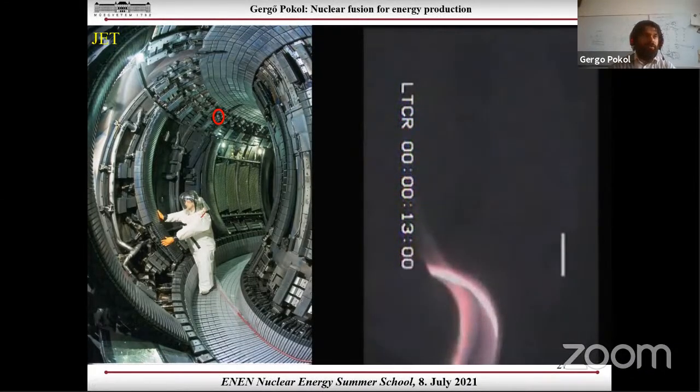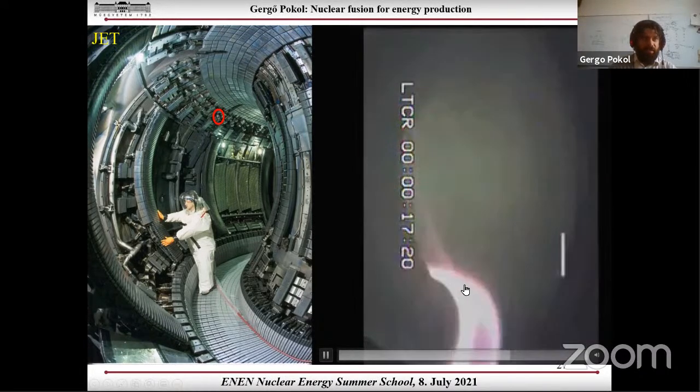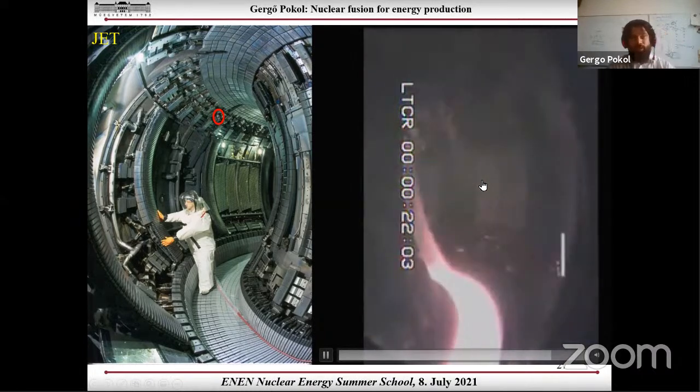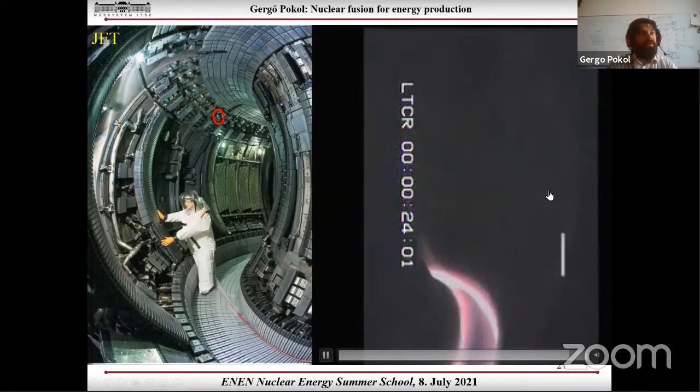And now we steer the plasma into operation mode where it interacts mostly with the divertor. Now we heated it up. Fusion is going on. It had some flashes, so it was not very stable, but still fusion was going on. And it just ended.